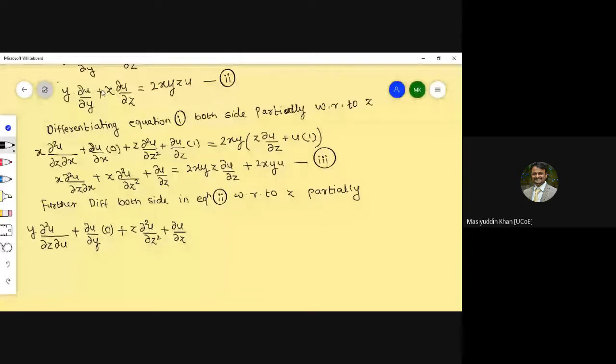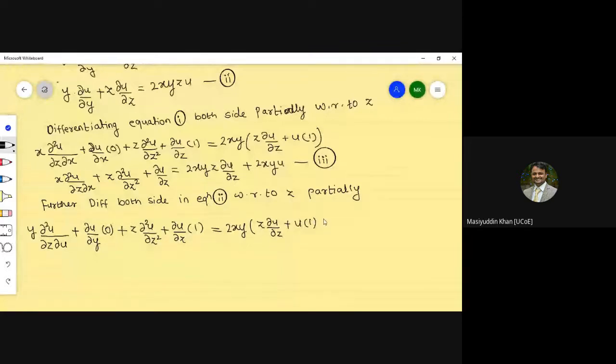If you want you can write is equal to, again I'm writing 2xy as it is, and this part as it is z into ∂u/∂z plus u as it is, and derivative of z with respect to z will become 1.